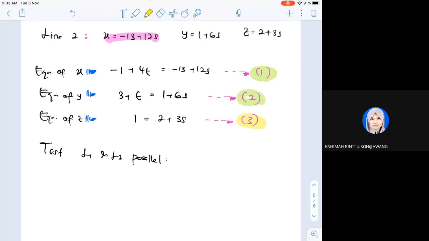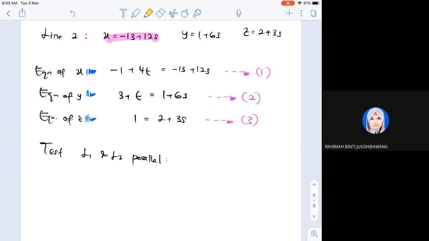Or you also can solve equation 1 and 3 simultaneously. After you get the values of t and s from these 2 equations, you need to test in the second equation.